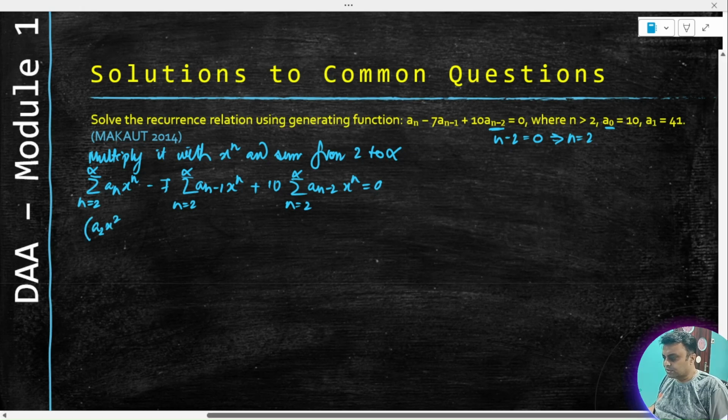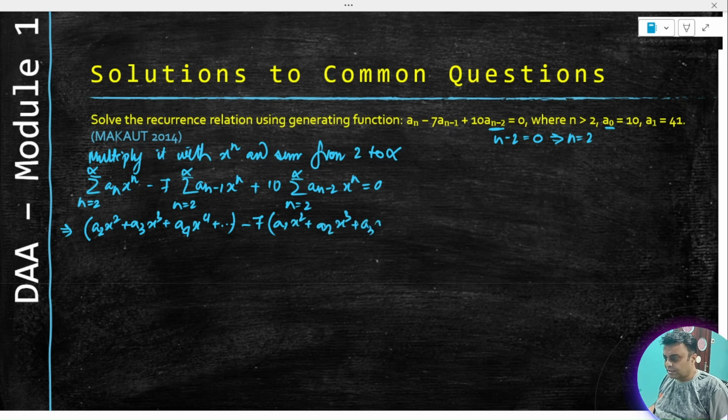So a2x square, I'm expanding this, and then a3x cube, a4x4 and so on, minus 7 a1x square, a2x cube, a3x4 and so on.